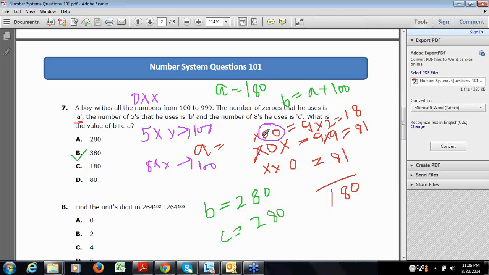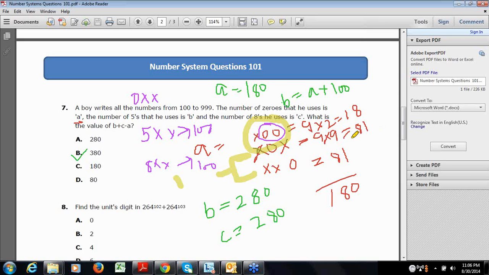So every time you have to count 2 zeros here, not 1 zero. In this case we are counting 2 zeros. In these two cases, only 1 zero is there. Okay guys, everybody got it? Okay, moving ahead.